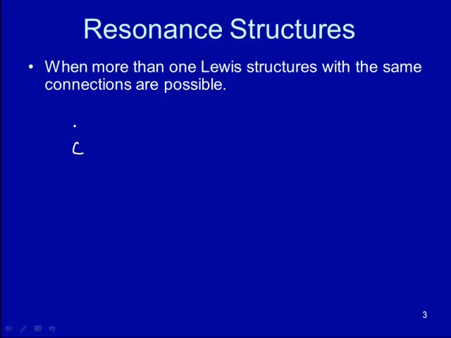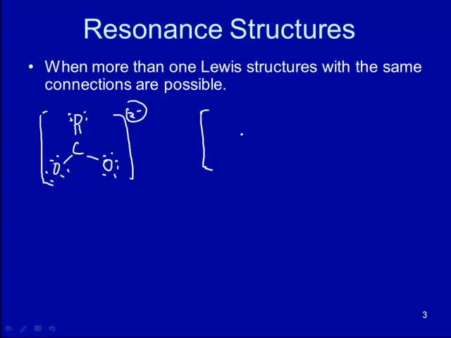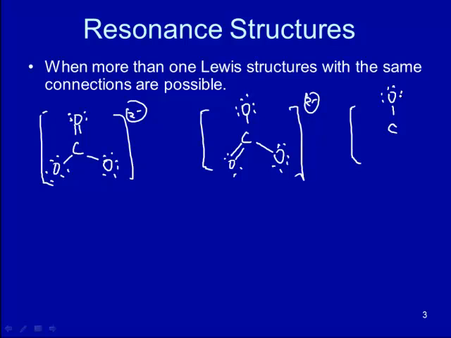As you can see from here, the double-bonded oxygen can be on the top oxygen atom, and it could also be on the bottom left, or the bottom right.